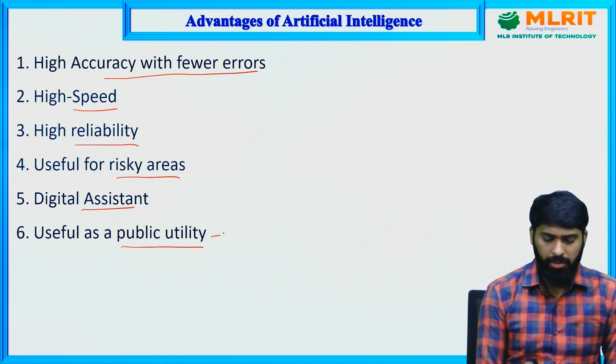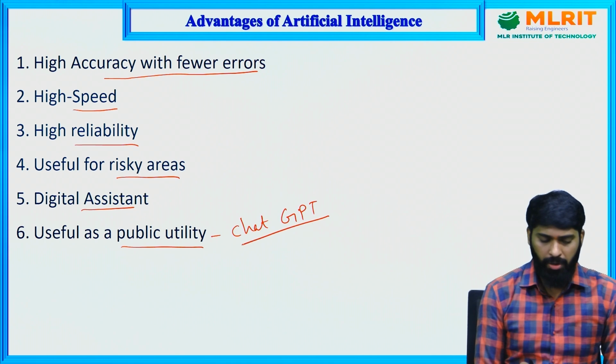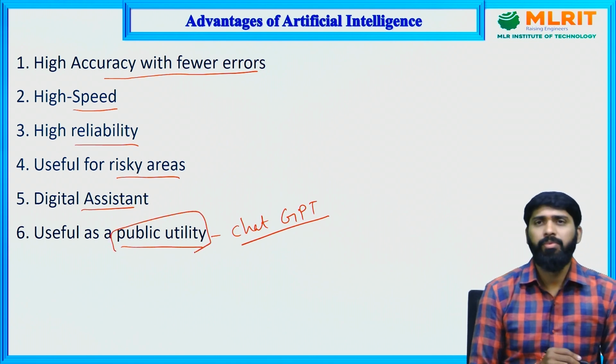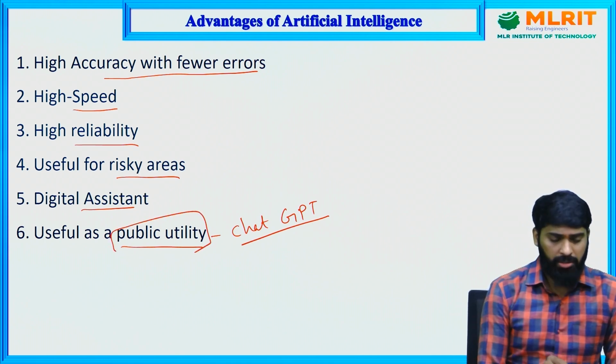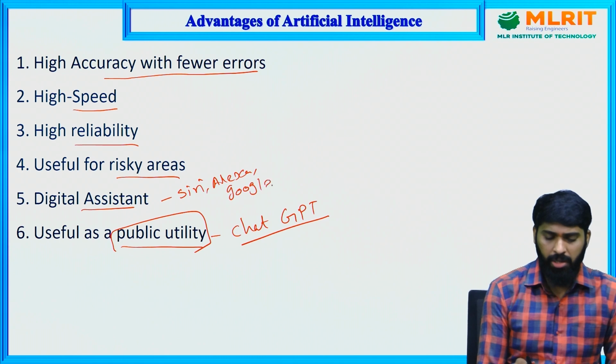So for example, ChatGPT, we use this model as a public utility. Coming to digital assistants, the examples are Siri, Alexa, Google. All these are digital assistants.